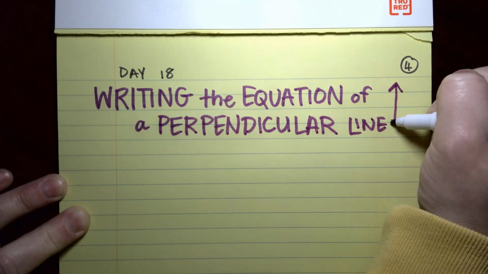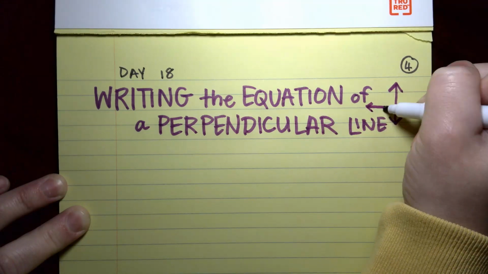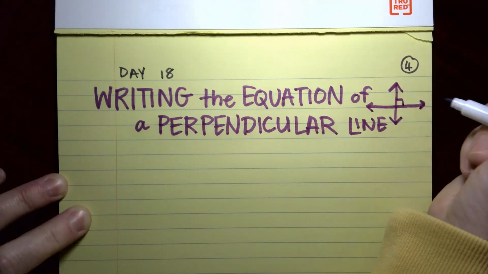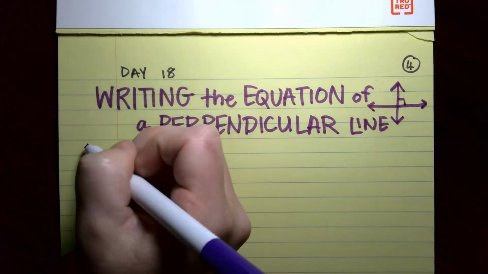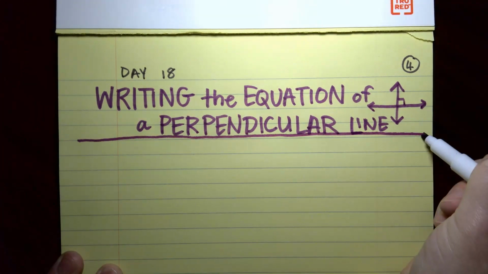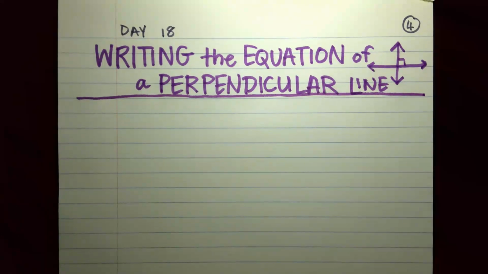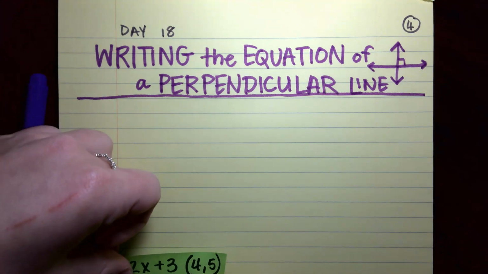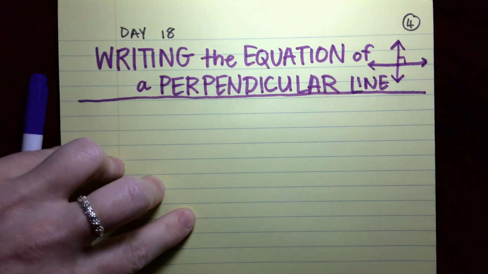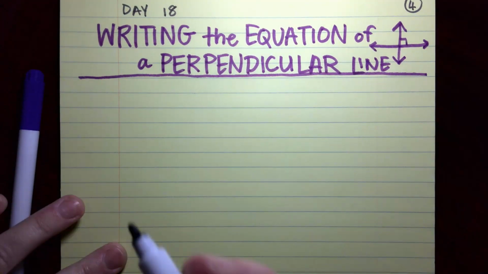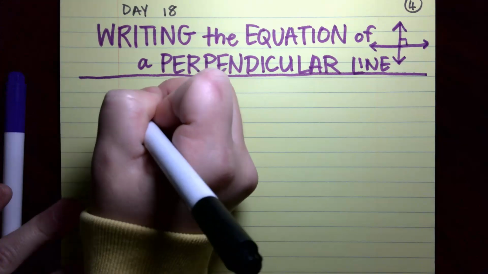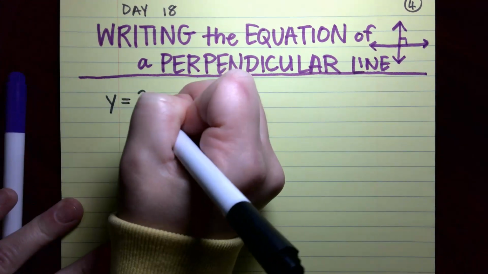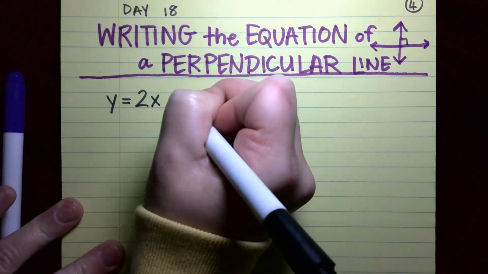And I'm going to draw a little picture up here so I can remember what I'm doing. When you're asked to write the equation of a perpendicular line, you will be given an original equation such as y equals 2x plus 3.